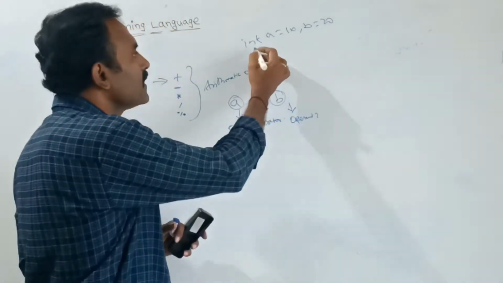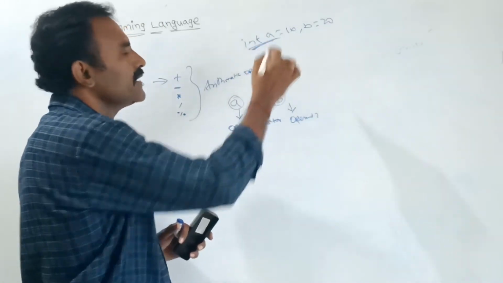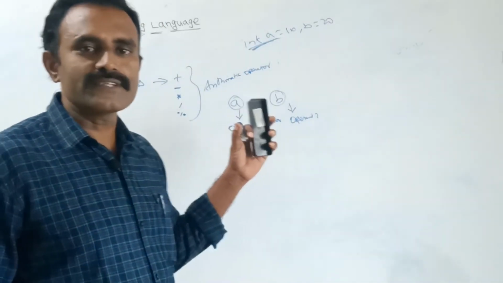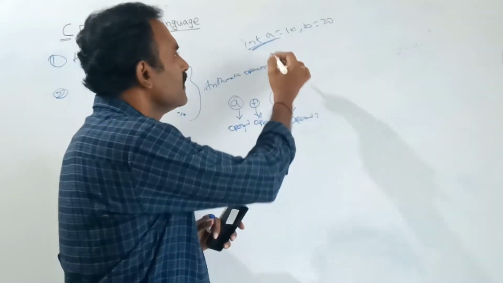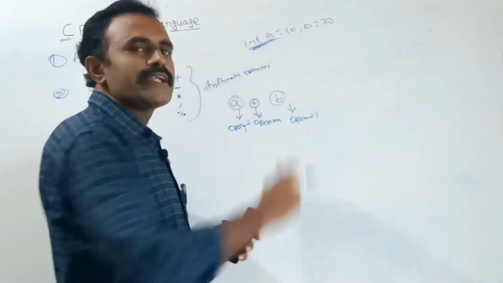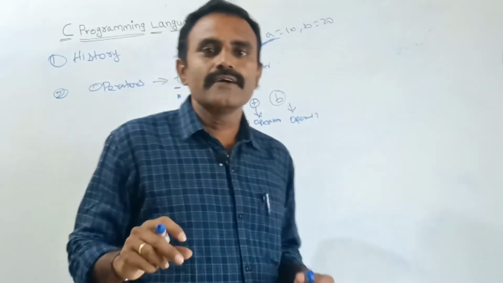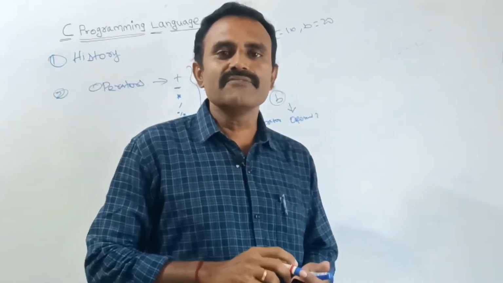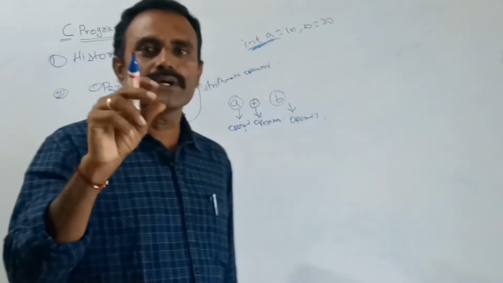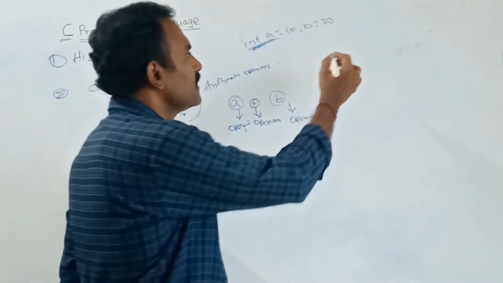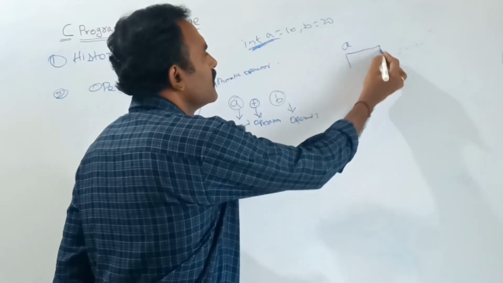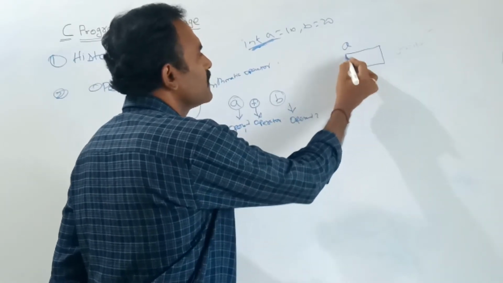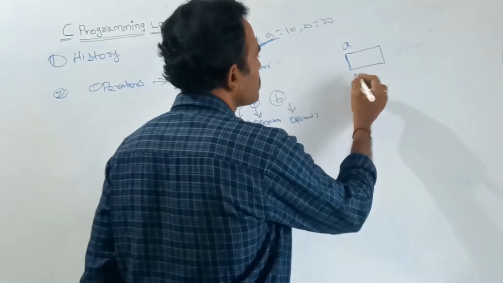Suppose I am declaring an integer variable A. Previously we have already seen first the data type and then the variable name. While declaring this variable, automatically at compile time the system will allocate memory to the particular variable. Here A is the variable, it allocates the memory size and stores it at some address.